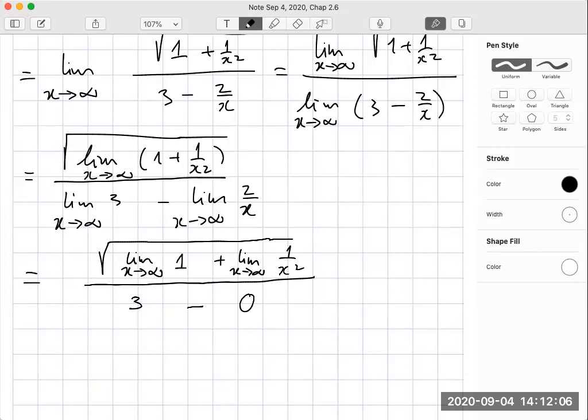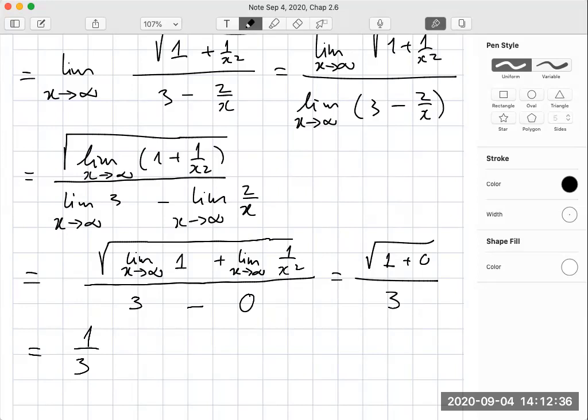The similar story here, it is the square root of 1 plus 0 divided by 3. Then the square root of 1 is simply 1, and it becomes 1/3. Okay?